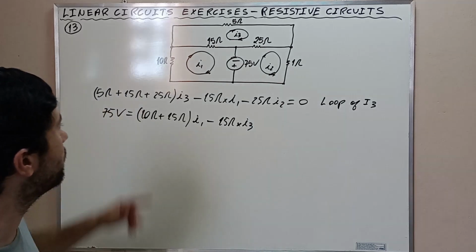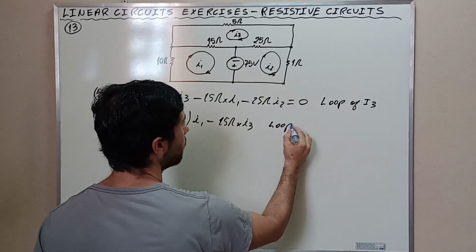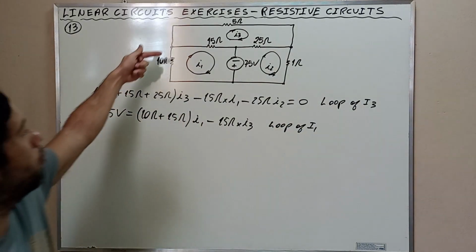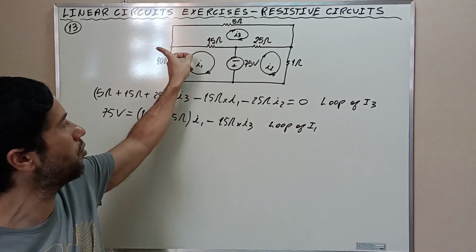And observe that we are considering the loop of I1 here at this moment, and I1 passes here in this direction, causing a voltage drop in this direction here.